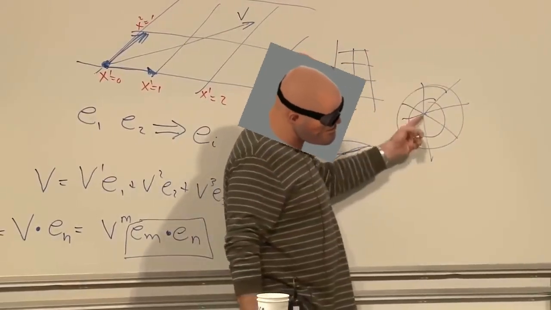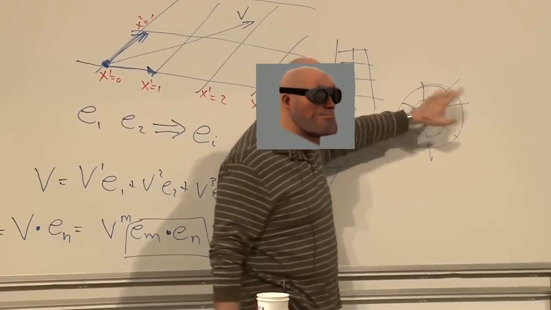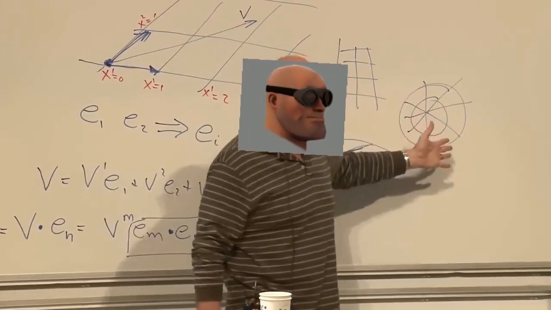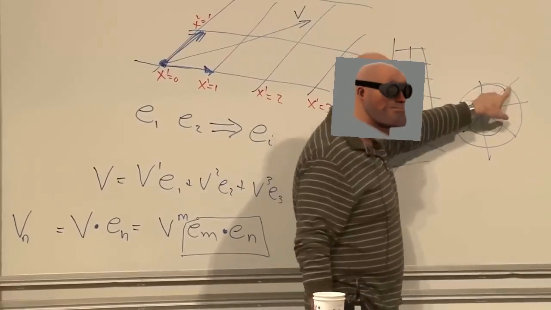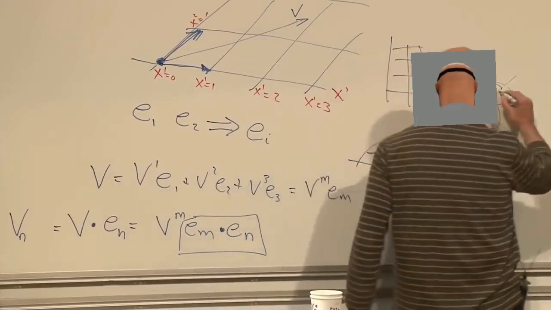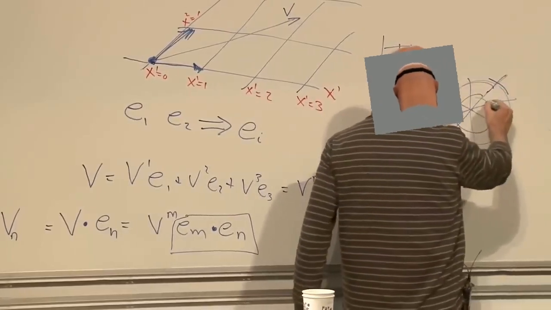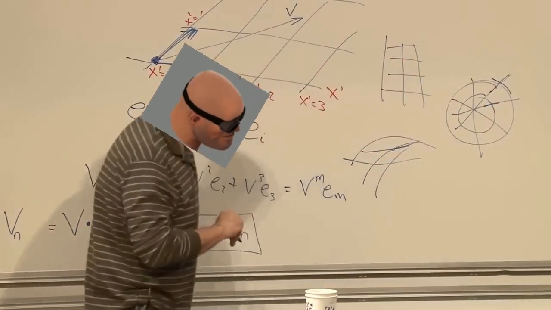The lines along which the radial coordinate increases are just the radial lines, and the lines associated with the angular coordinates are just circles. And clearly, at every point, a circle is perpendicular to the line passing through the same point. So these coordinates are orthogonal to each other, okay?